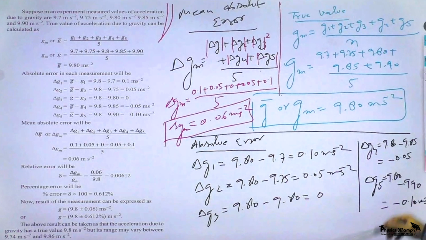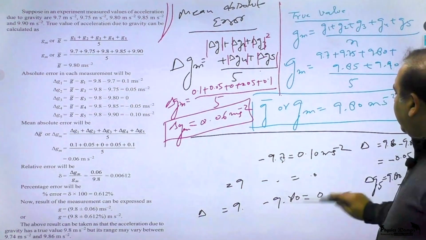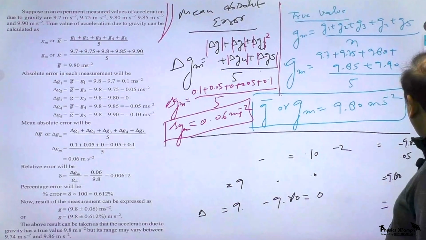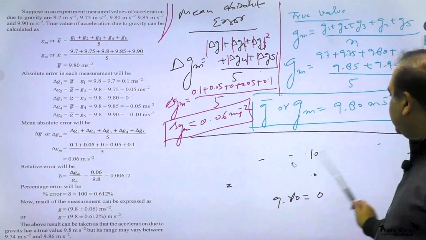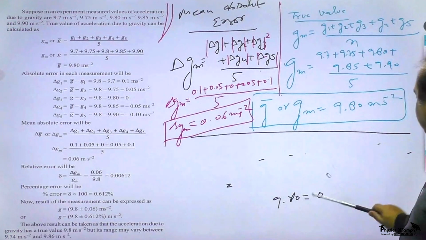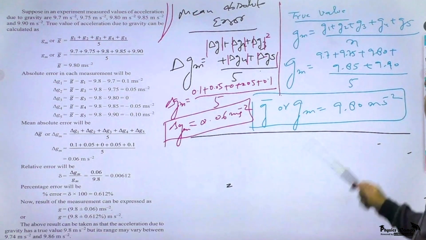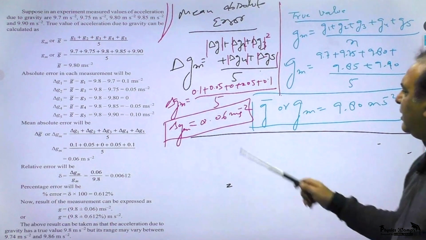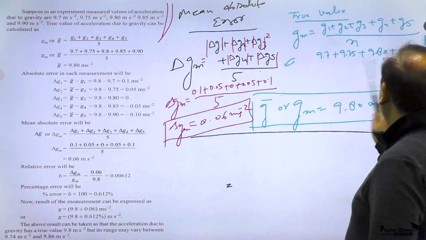So I've got two results. First result is the mean value 9.8, and second result is 0.06 meter per second square, that is mean absolute error.